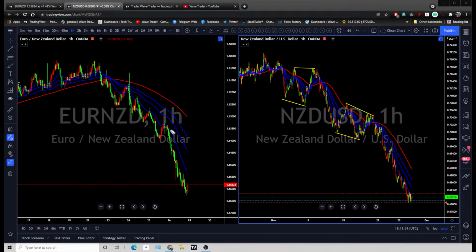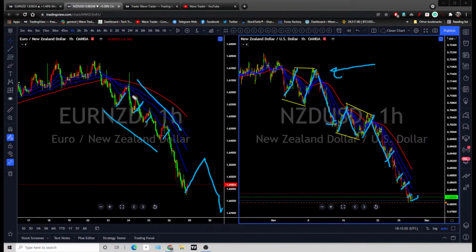So you are simply looking for any correction, any pullback like that. Any pullback that comes over there on the Euro New Zealand dollar is going to be a sell opportunity. We have seen multiple pullbacks on the New Zealand dollar against the dollar, and boom, going. Some recent ones we have seen are small pullbacks, very similar.